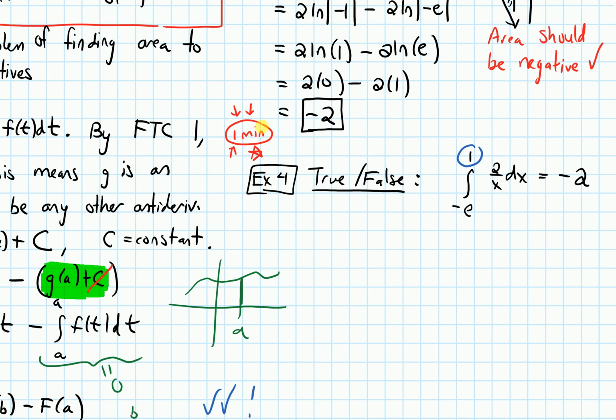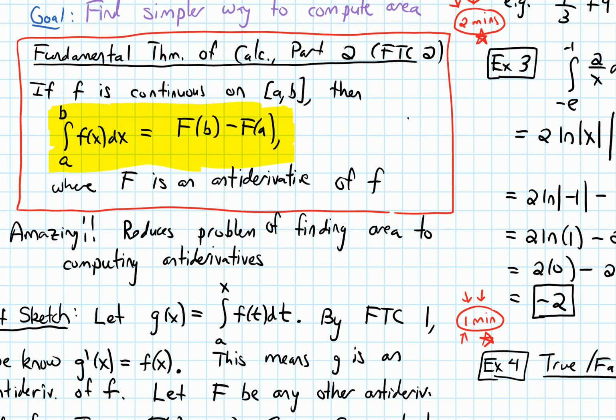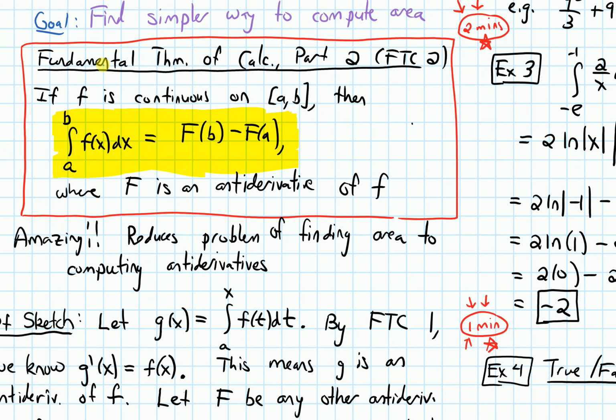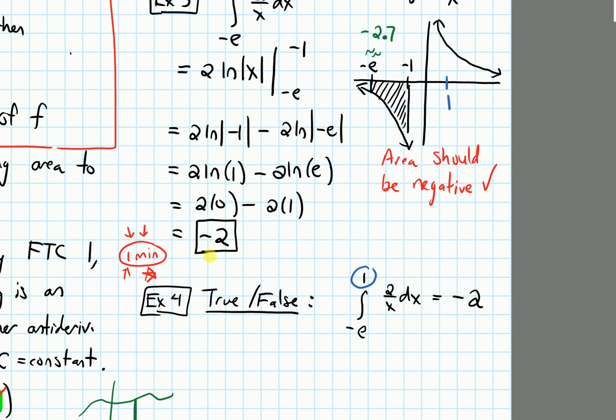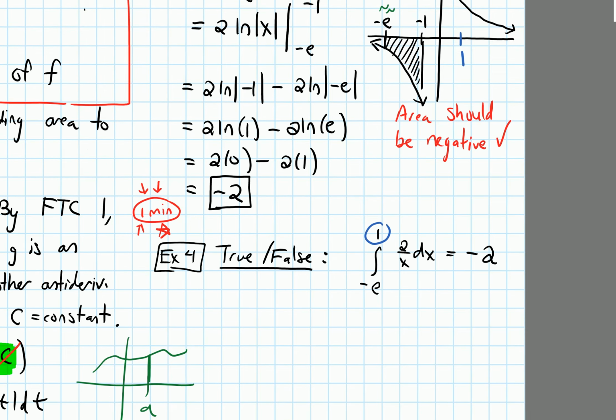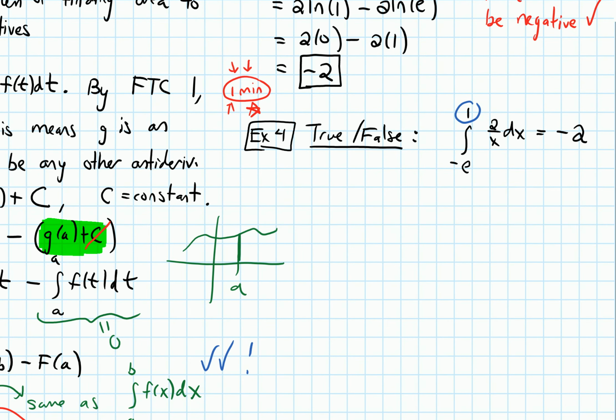That is a problem for FTC Part 2, because one of the requirements for FTC Part 2 was we need our function f to be continuous on our interval. And here our function was not continuous. Okay, there we go.